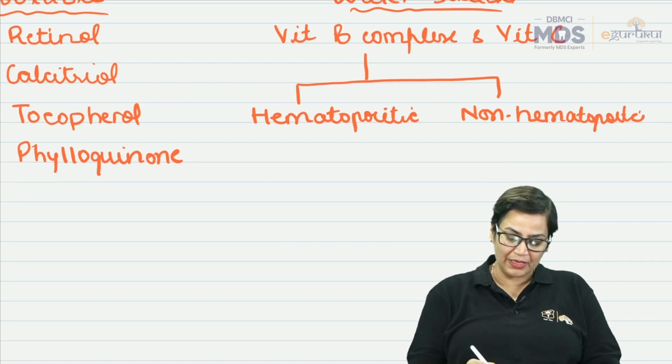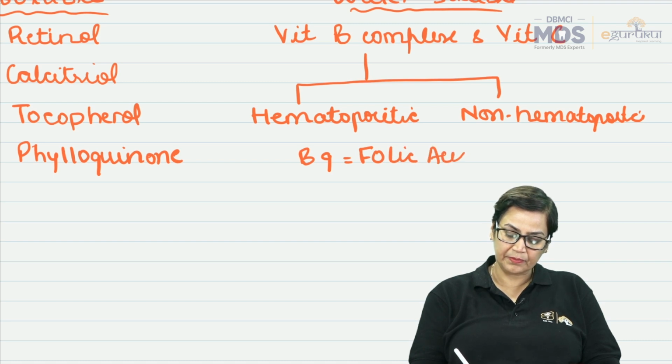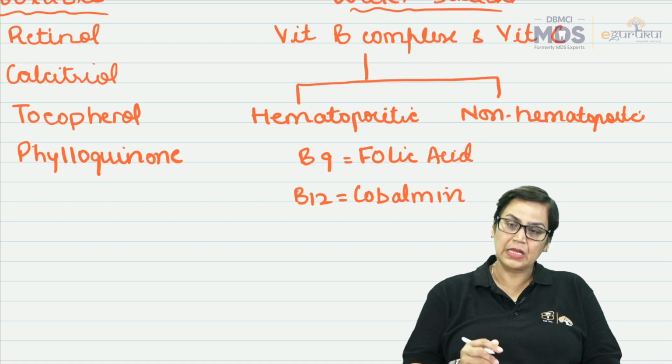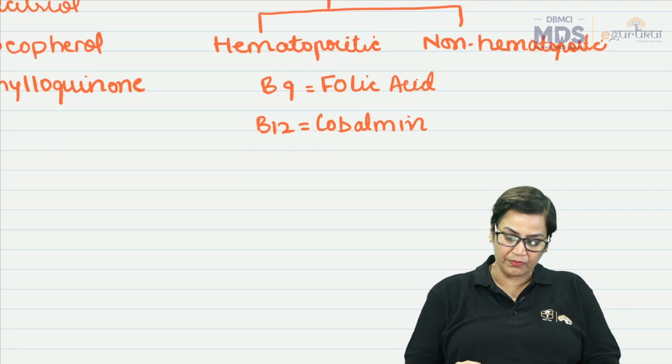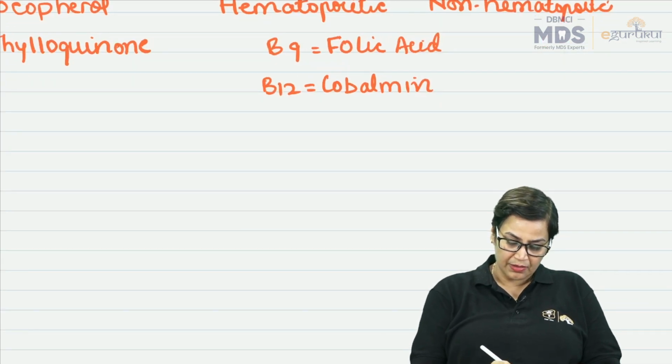And what are the B complex vitamins? If we talk about hematopoietic, B9, which is also known as folic acid, and B12, which is also known as cobalamin. And if we talk about non-hematopoietic, you start from here.